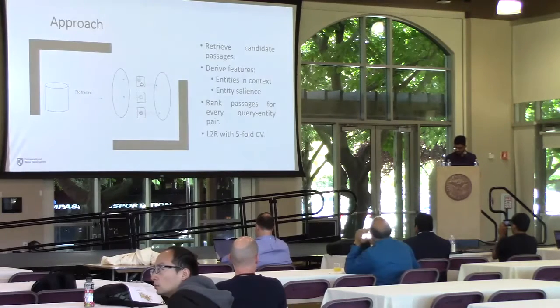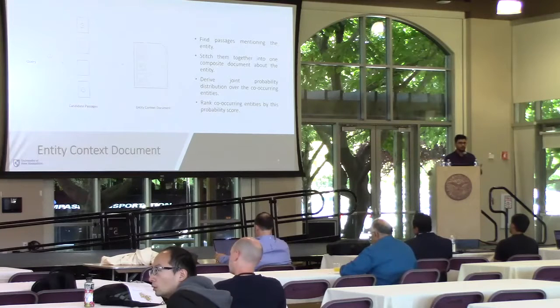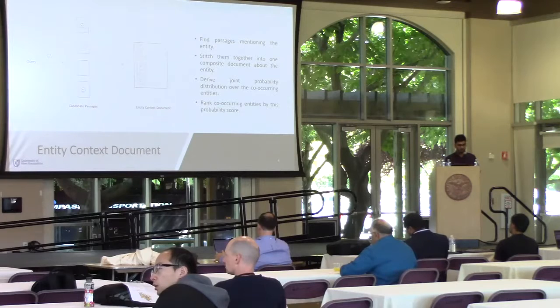I would just like to talk about how we find these co-occurring entities. In the candidate set of passages, we have passages which mention this target entity. If you find such passages mentioning the entity and stitch them together, you have one composite document which talks about this entity.